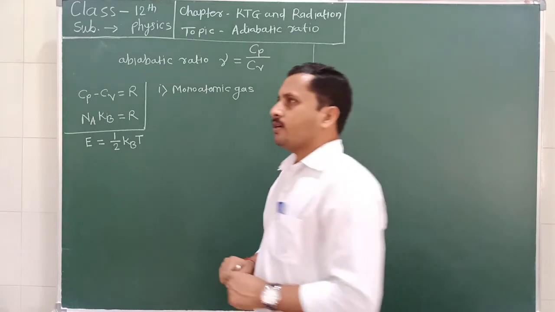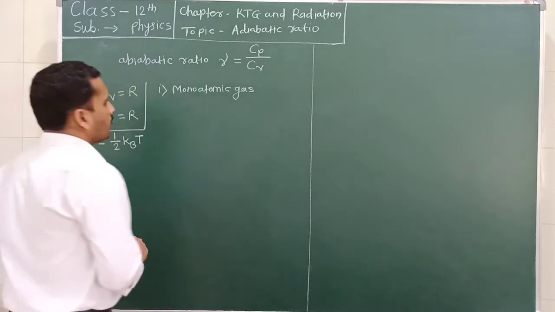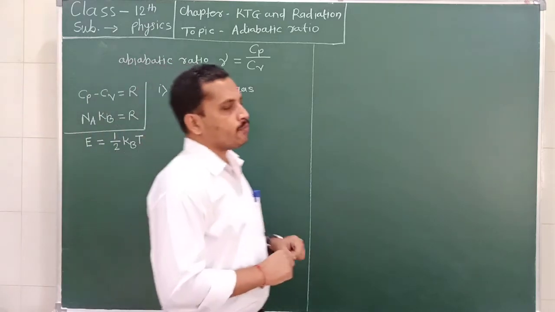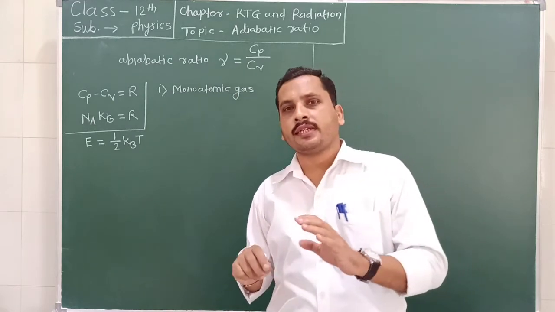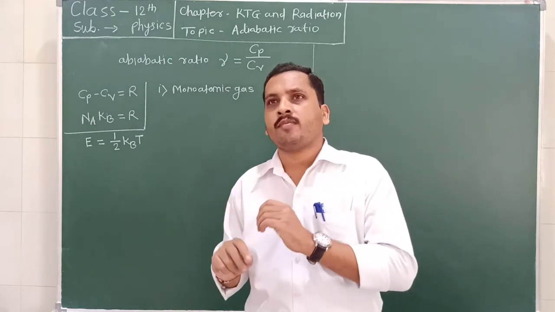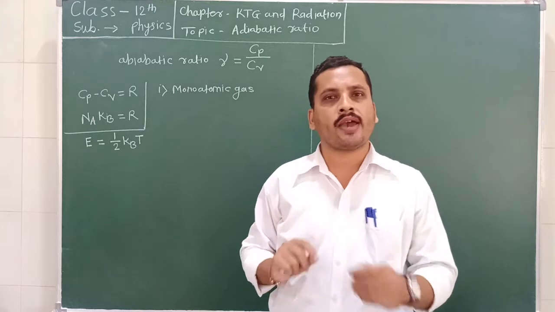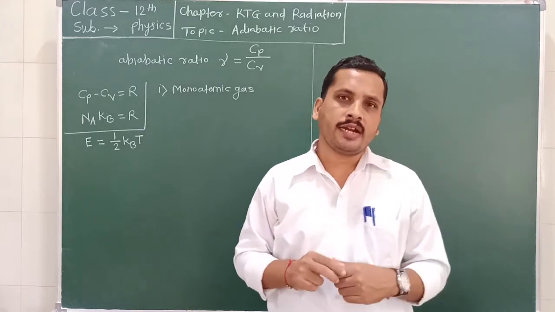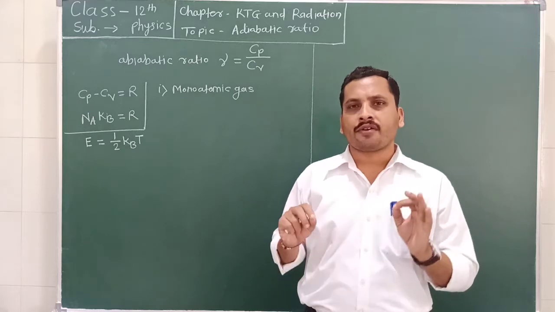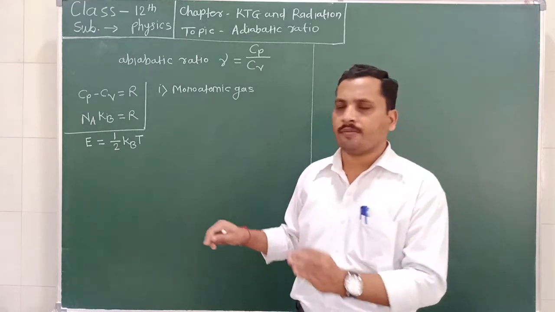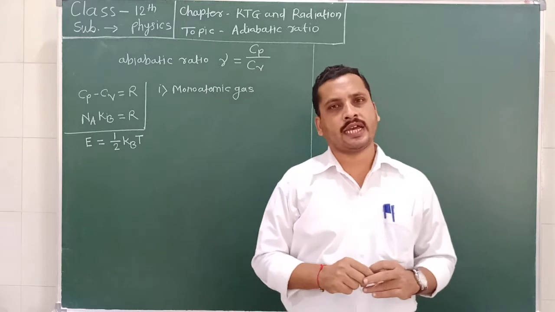Let's start. First of all, we have to find the degrees of freedom in the case of monoatomic gas. This monoatomic gas can move along the x-axis, y-axis as well as the z-axis. So we can say that there are three translational degrees of freedom for the monoatomic gas.